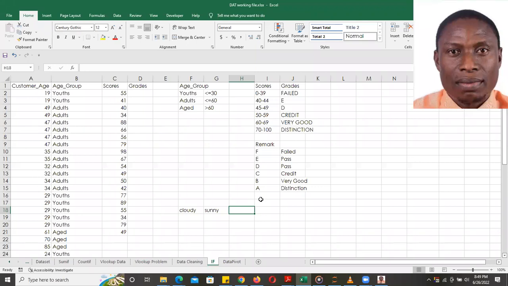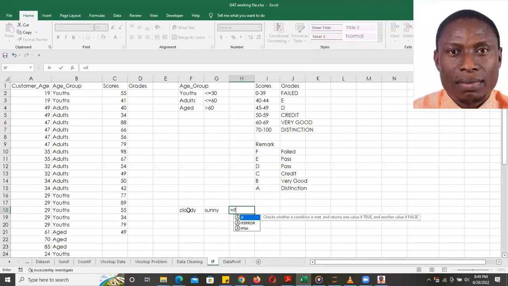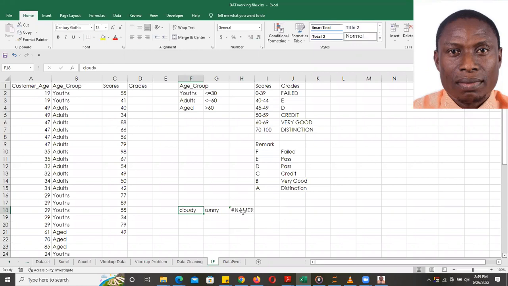Equals to if this guy equals to cloudy, that means it's going to rain. Otherwise, no rain. Can we see it? Because this guy is cloudy, then there will be rain.